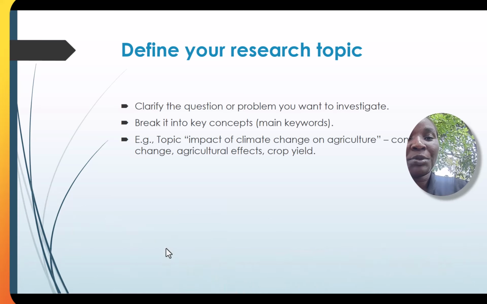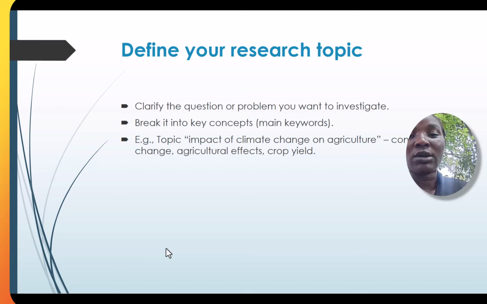Define your research topic. How can we define our research topic? We have to clarify the question or problem you want to investigate. Maybe you're given a research topic, maybe on agriculture. Still, agriculture needs a lot of research, so you need to clarify the question and problems you want to investigate.